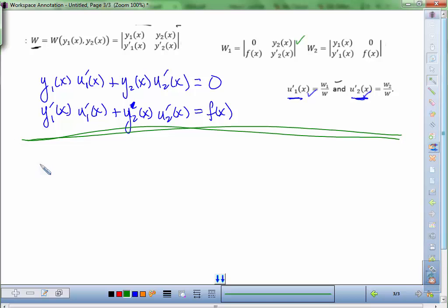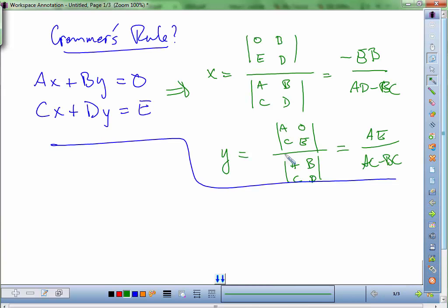Now let's take a closer look at W1, because for W1 we always created this matrix and found the determinant of that, right? But if the format of W1 is always going to be the same, it looks like W1 and W2 would actually be simpler looking, if we really just thought about it a little bit more.